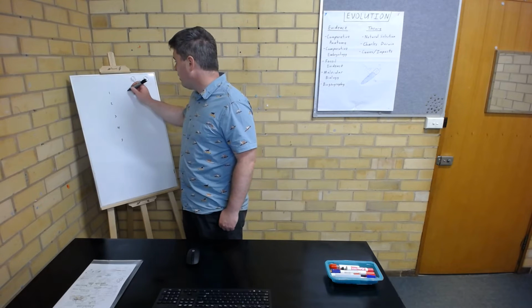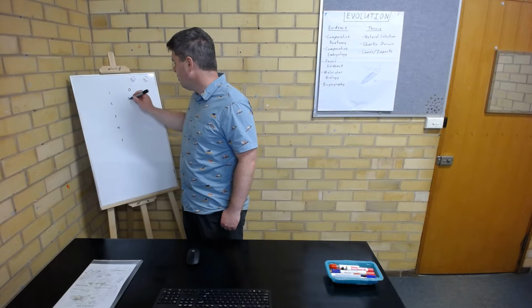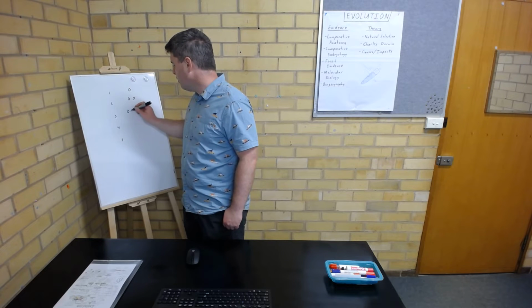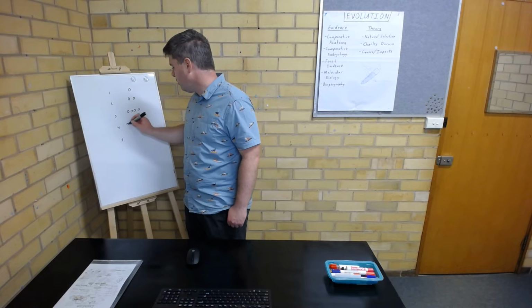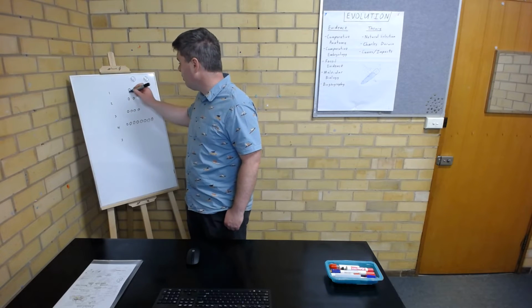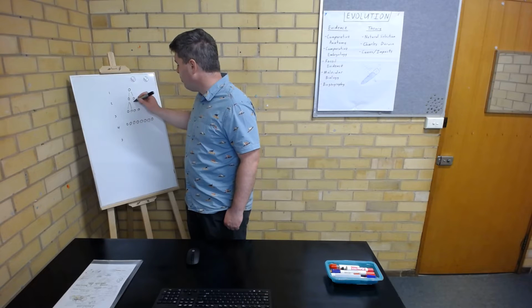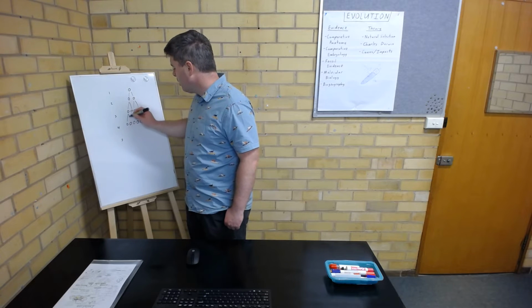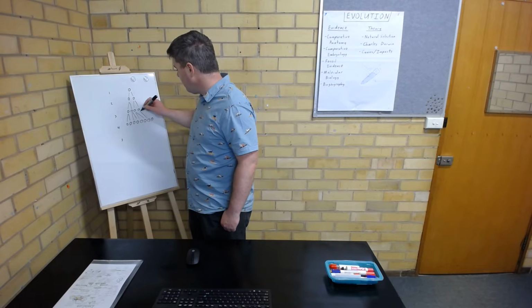So if we started off here, further, and further still. And as a population gets larger, we're increasing the possibility of certain individuals being born.